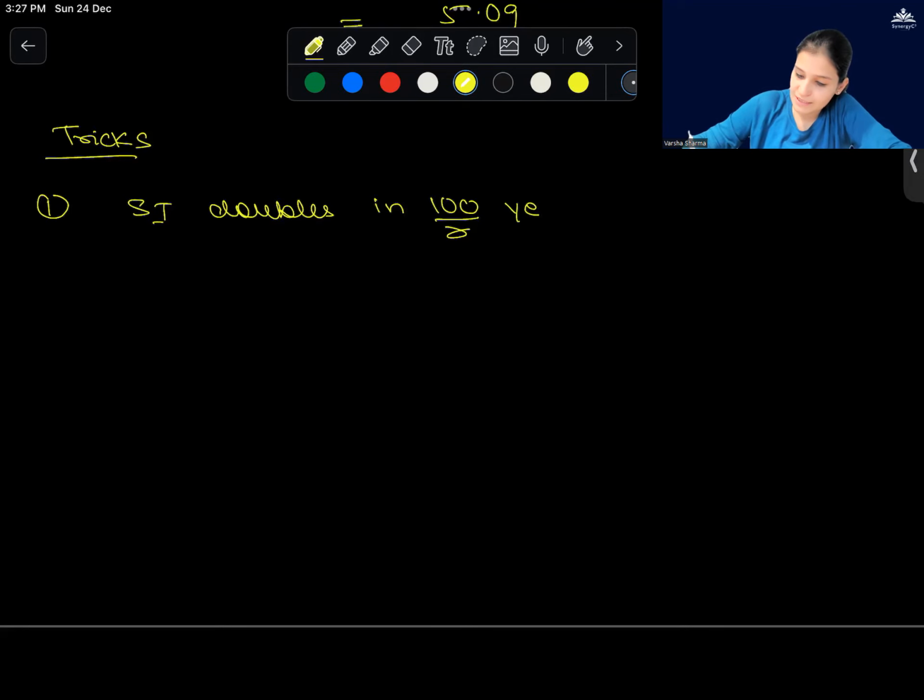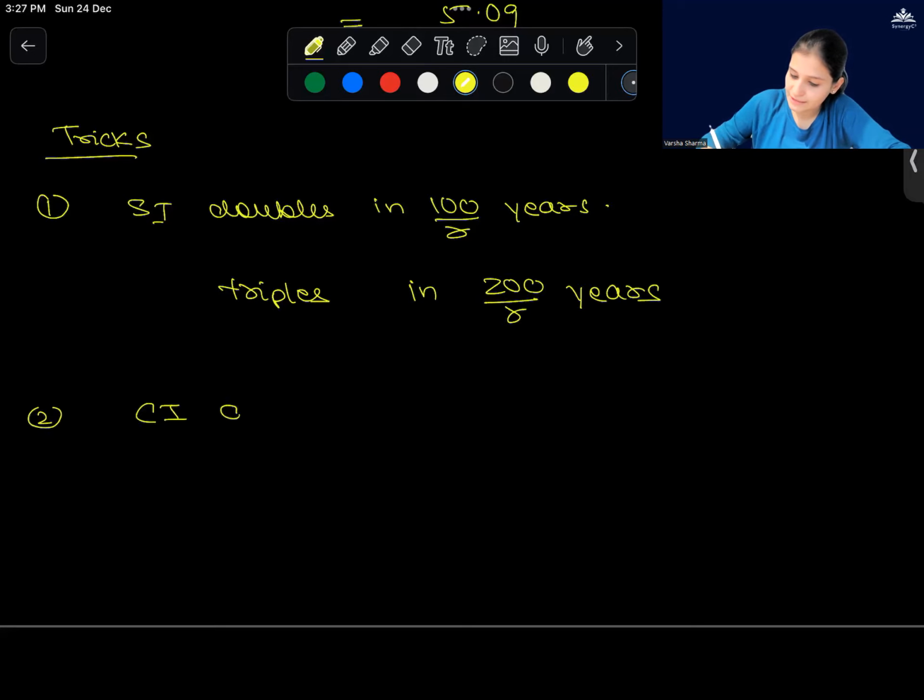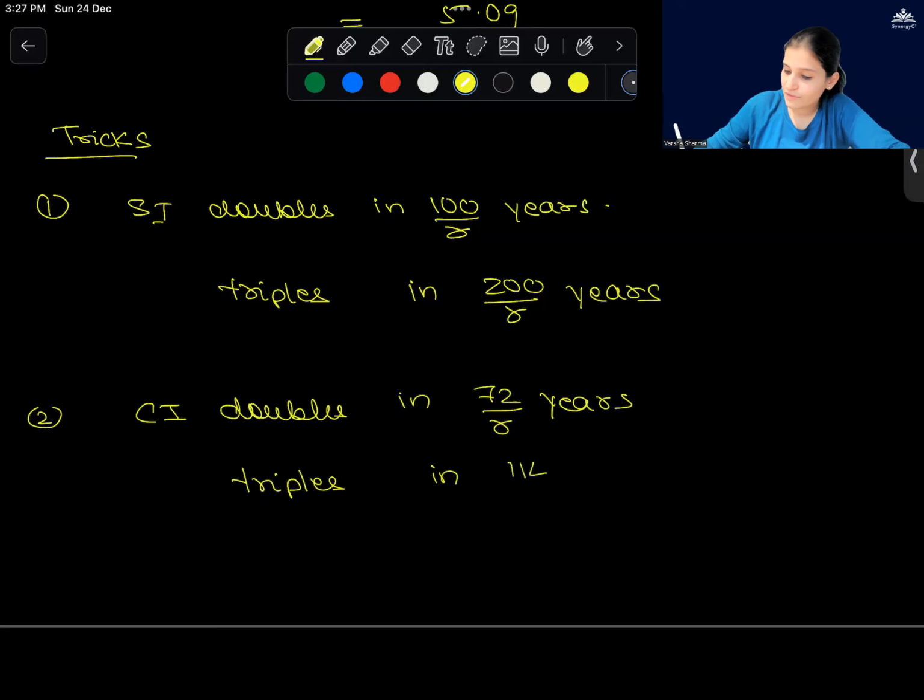So simple interest doubles in 100 by R years, triples in 200 by R years. Next, compound interest doubles in 72 by R years, triples in 114 upon R years.